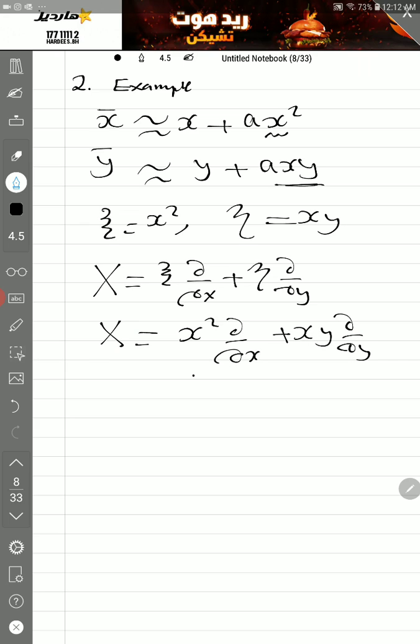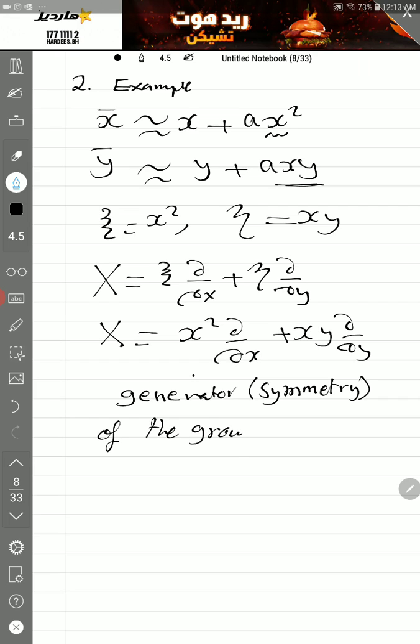This is the generator, the symmetry of your group generator, or symmetry. Okay, the symmetry of the group itself, which is very important. So in example 2, we show you how you calculate. You need to calculate again the same as what we did, x bar and y bar.